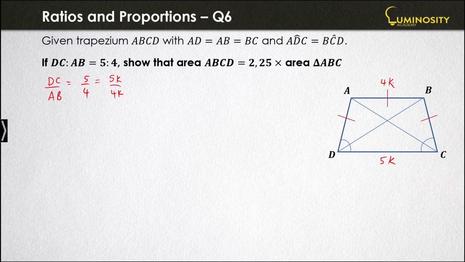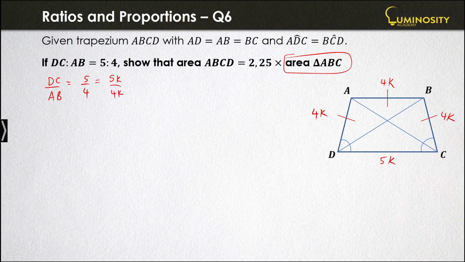Then we want to show that the area of the trapezium ABCD is 2.25 times the area of triangle ABC. Okay, so we know we need to use triangle ABC. And notice because I wrote AB as 4K, this side is 4K units and that side's 4K units as well. All right, so let's see how we can go about this.